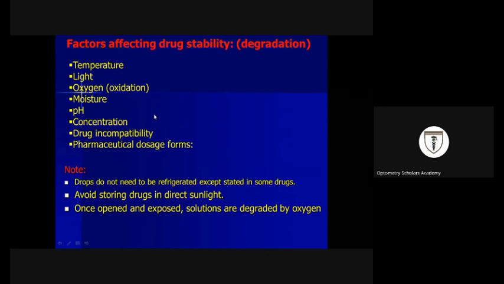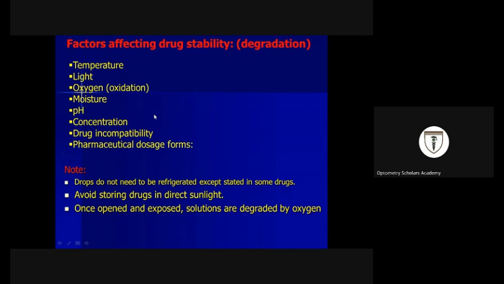There are a few drugs that need to be refrigerated, like the glaucoma drugs called prostaglandins, like our Xalatan and travoprost. Most of them are stored in the fridge because they need a lower temperature to keep them stable.